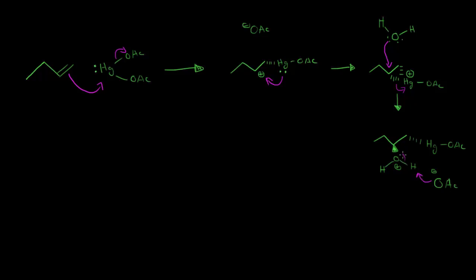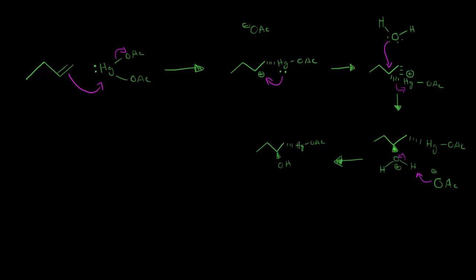This goes here, and these electrons go back to the oxygen over here. So now our next intermediate looks something like this. This is mercury, Hg-OAc, with an OH here. Let me draw that better. OH.